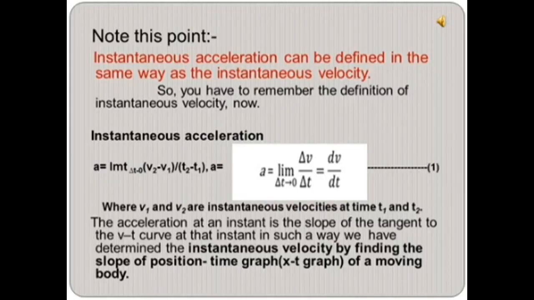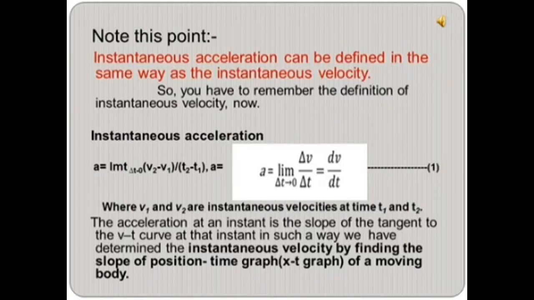where v1 and v2 are the instantaneous velocities at time t1 and t2. Delta v is the change in velocities, that is v2 minus v1, and delta t is the change in time, that is t2 minus t1.